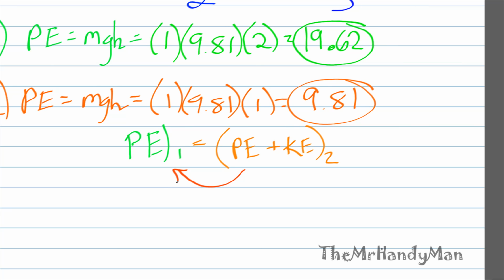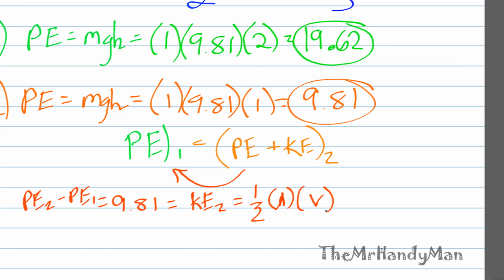So if we do that, we find that 9.81 is the result of PE1 minus PE2, which equals the kinetic energy, which is going to equal 1/2 m, which is 1, v squared, which if you just let me solve for it, v is equal to 4.43.